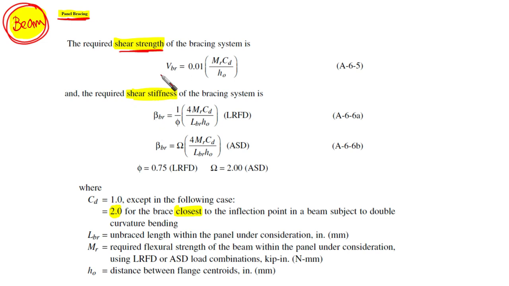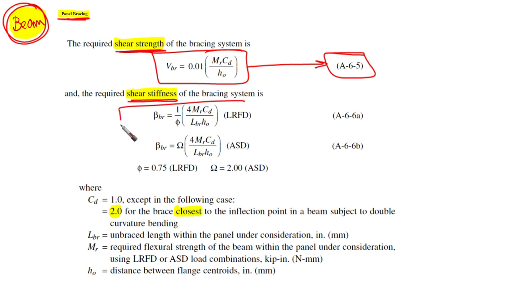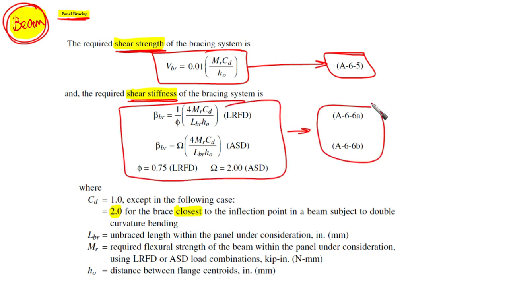So we have here the shear strength equation, which is equation 6-5, and the shear stiffness equation, which is 6-6. Shear strength and shear stiffness for beams. I'm going to explain all these equations, so do not worry about what is inside the equations now. It doesn't matter now. I just want you to understand the philosophy of the appendix first in determining the beam column stability bracing requirements for shear strength and shear stiffness.